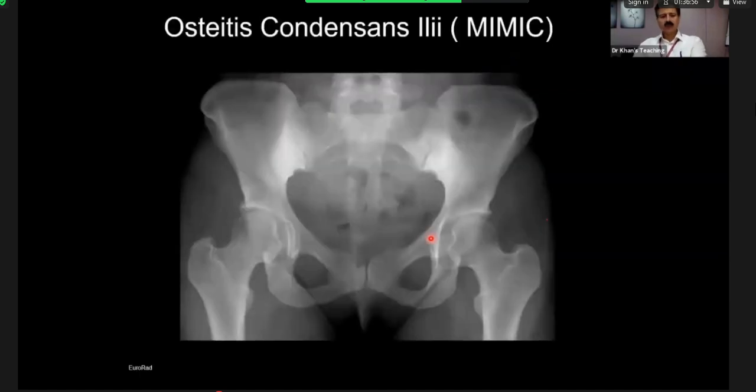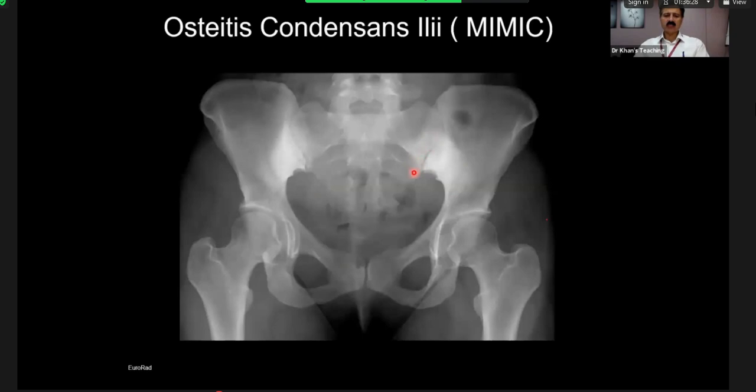Now, look here. This is classical osteitis condensans ilii. These patients are youngish, maybe 30, 35, 40 years old, and will have a lot of sclerosis on the iliac side of the joint. They will be multiparous. Because of the strains of parturition during childbirth, there can later be sclerosis.